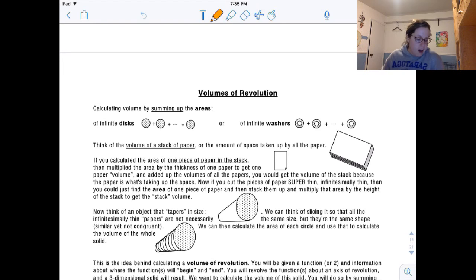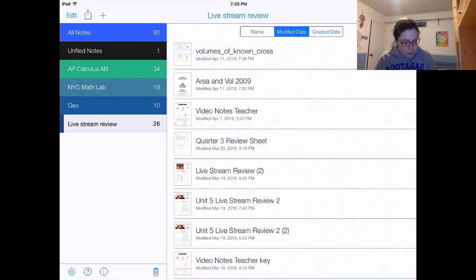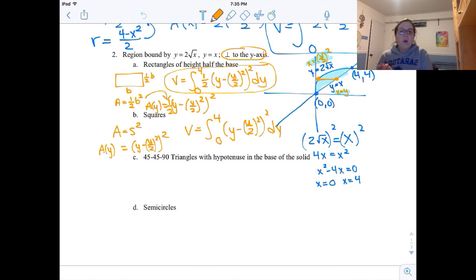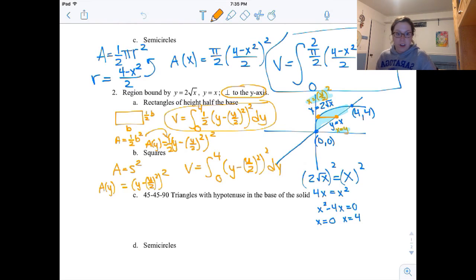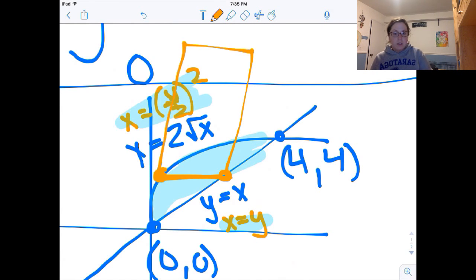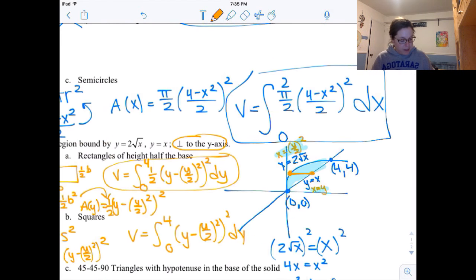Okay, I see a call for more rectangle ones. So let's do one more rectangle, and then we'll go back to washers and discs. So let's say we have this same picture, right? And we want to build a different kind of rectangle on it. So same picture, I want to build a rectangle. Maybe these rectangles are going to be really tall. So I'm going to say that here's the property of these rectangles.